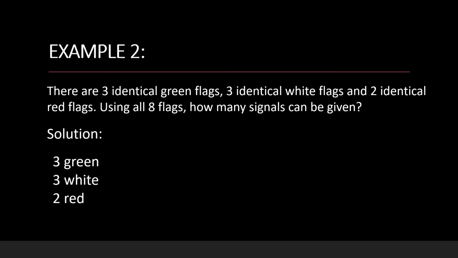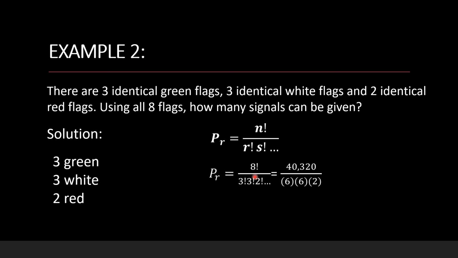Using the formula for distinct permutations, P equals n factorial over r factorial times s factorial, with n equal to 8, we have 8 factorial over 3 factorial times 3 factorial times 2 factorial. Evaluating 8 factorial, which is 40,320, and dividing by 6 times 6 times 2, we have 560 distinct permutations.